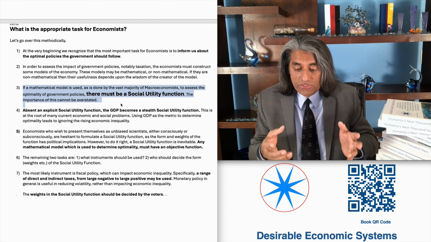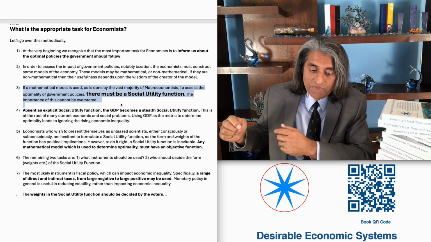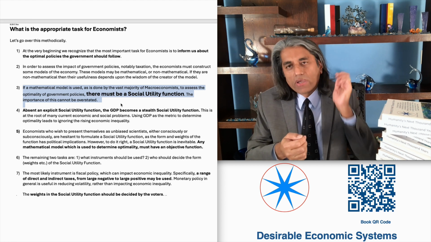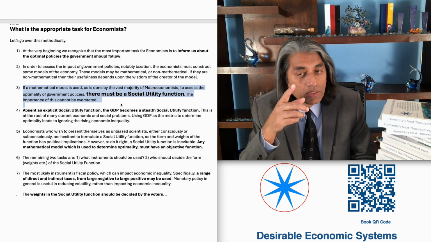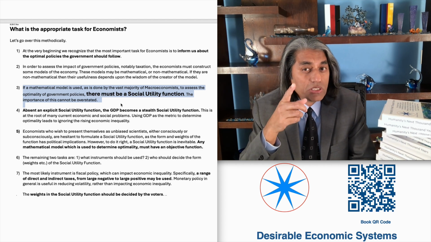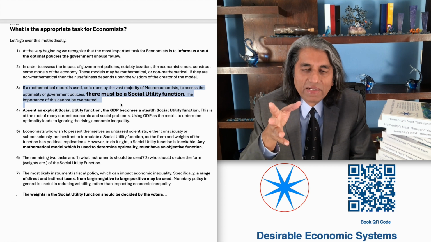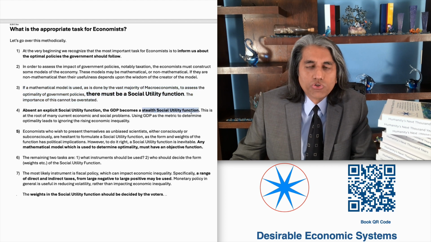You have a model and you say, okay, if I tweak the taxes this way, or if I tweak the tariff this way, then I'm going to get higher GDP. So GDP becomes the social utility function, even though it is not explicitly said that it is the social utility function. So it is really the stealth social utility function.